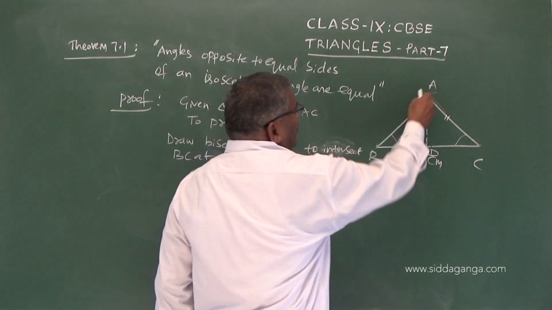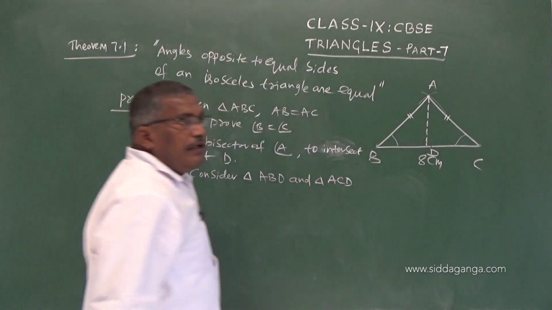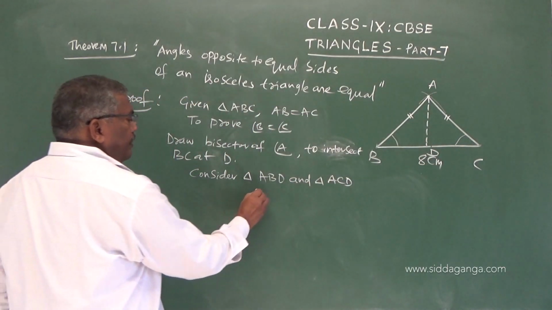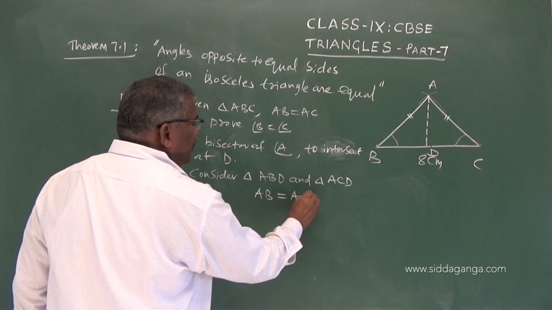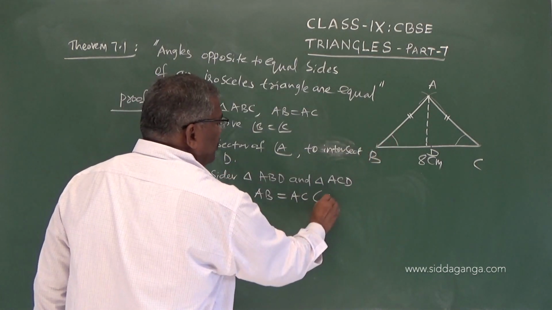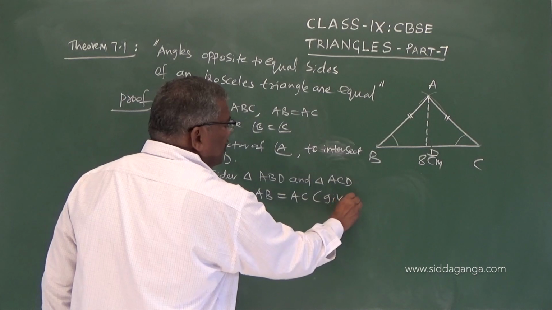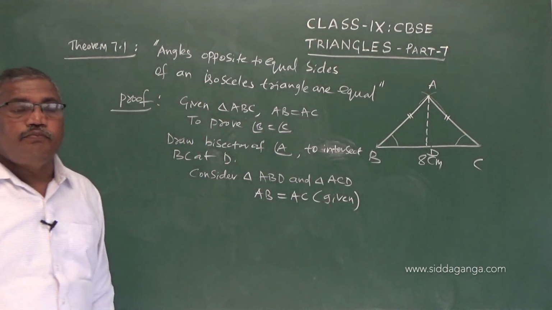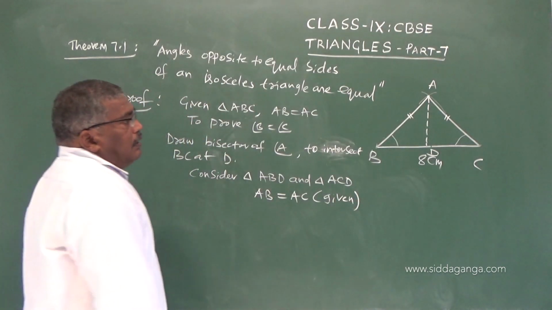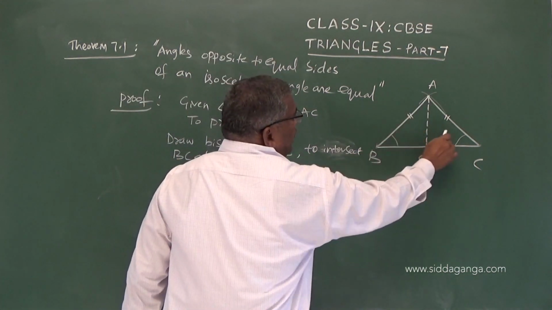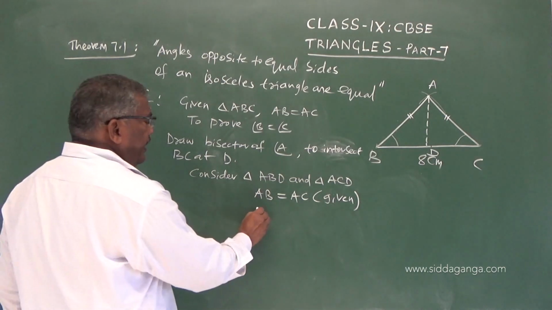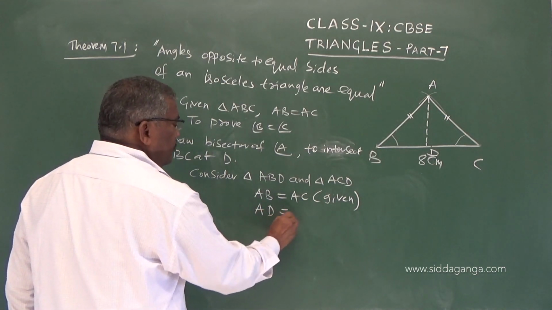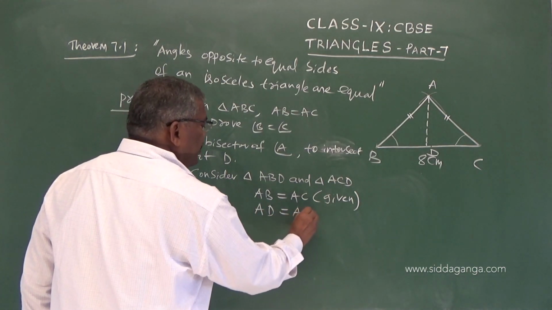AB is equal to AC, it is given, because it is an isosceles triangle. In both triangles, AD is a common side. So, AD is equal to AD.